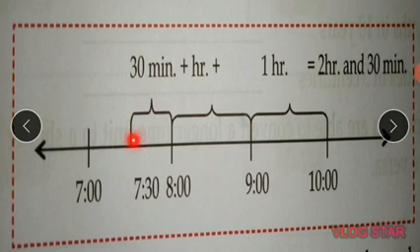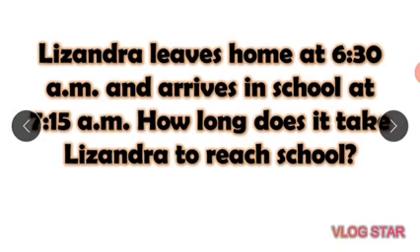From 7:30 to 8, that is 30 minutes already. Then 8 to 9, 1 hour. 9 to 10, 1 hour. 1 hour plus 1 hour is 2 hours, plus 30 minutes, 2 hours and 30 minutes. And you see that the end time is 10. So this is the recess time, 10 a.m.